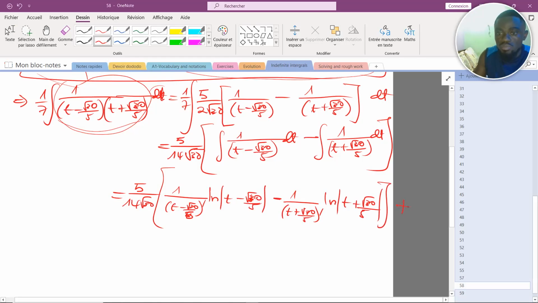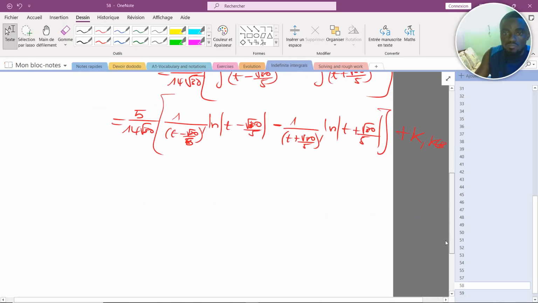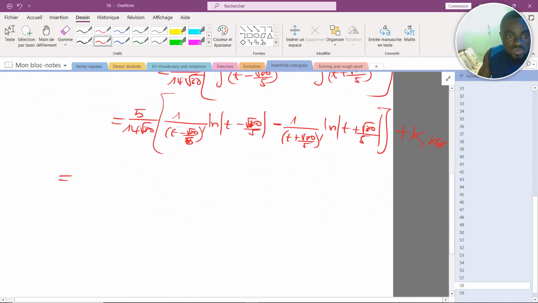Don't forget plus the constant of integration k, where k belongs to R. Is that okay? So this will be equal to 5 on 14 root 30.